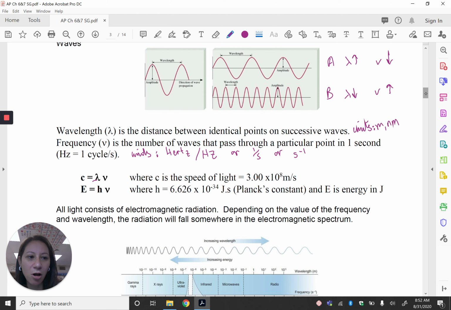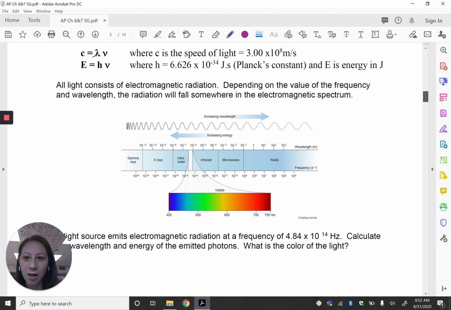All right, so we know that all light consists of electromagnetic radiation, and the electromagnetic spectrum is really big. Depending on the value of the wavelength and the frequency, that radiation or that light will be at a different part of the spectrum. So you can see here, this is the wavelength in meters, and so the wavelength is increasing that way, right?